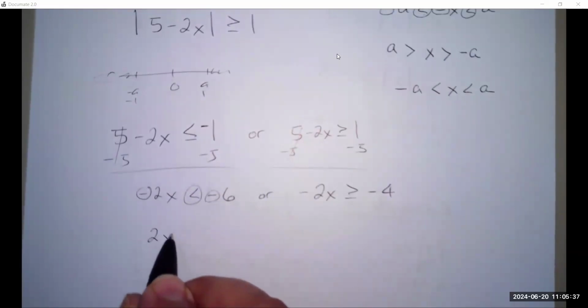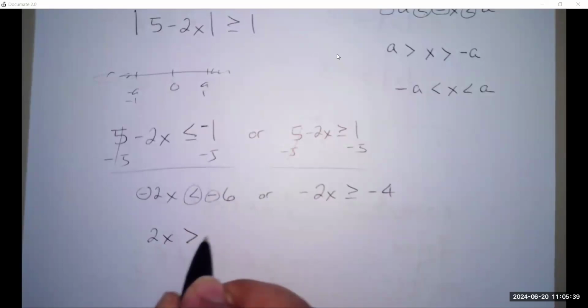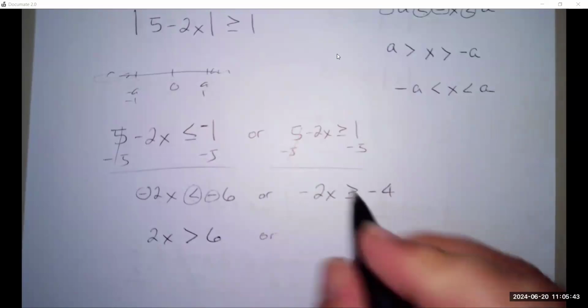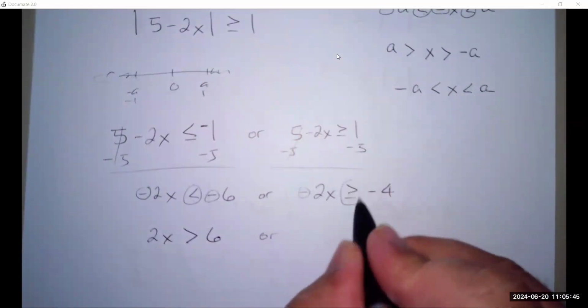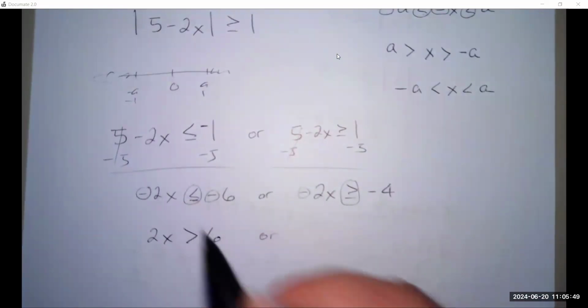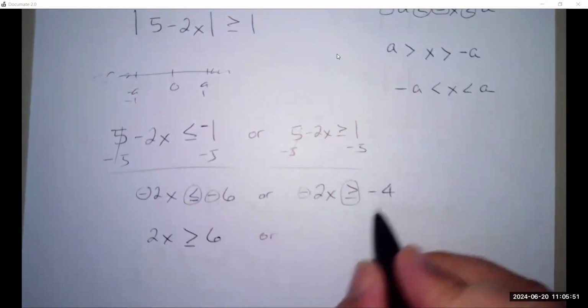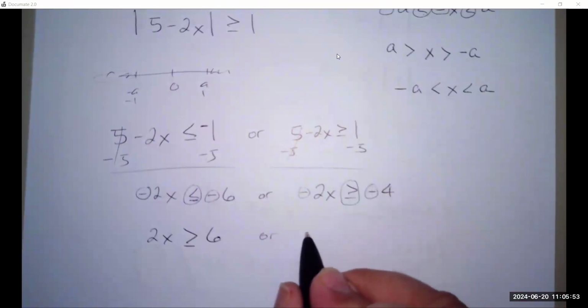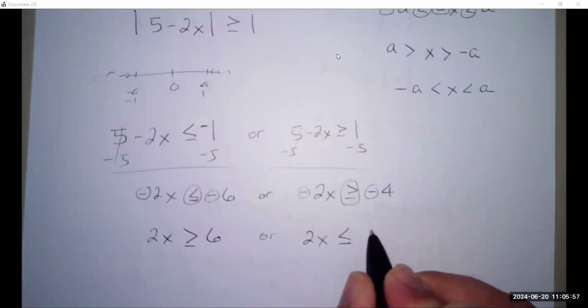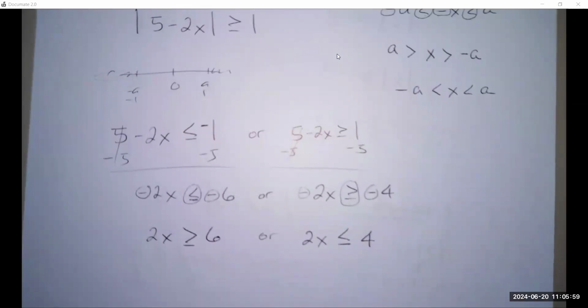So it goes from less than to greater than positive 6. Change that. Change that. And change that. So we have positive 2x greater than or equal to positive 6, or positive 2x less than or equal to positive 4.